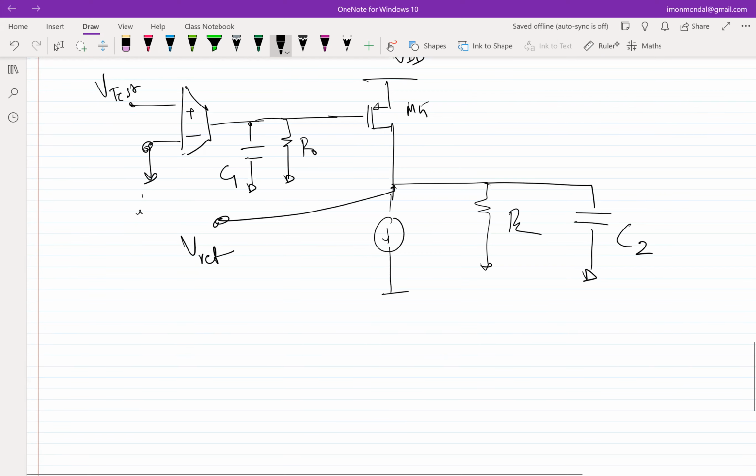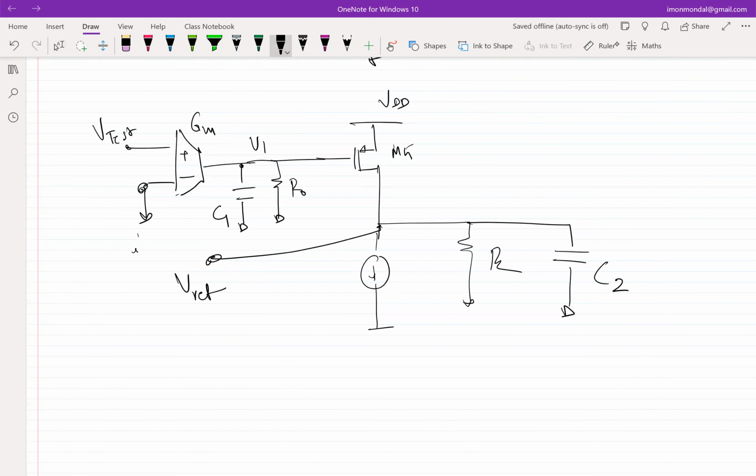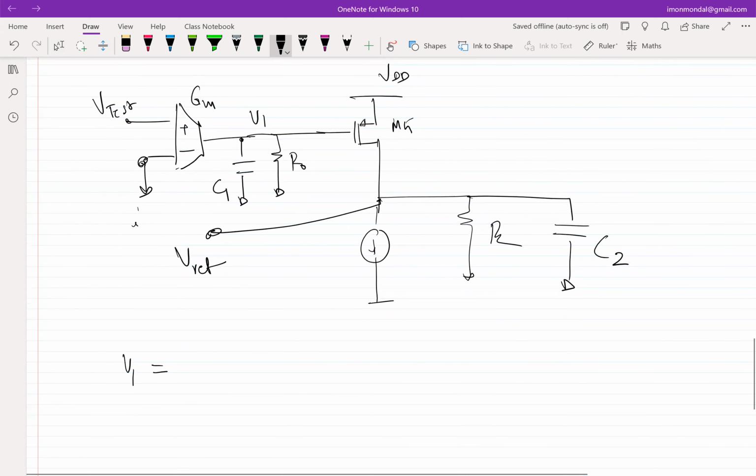So what will be V1? It should be GM times V test, the current that flows into a parallel combination of R0 and C. It's better to go into the conductance domain because conductances add up since they're in parallel. So this becomes G0 plus SC1.